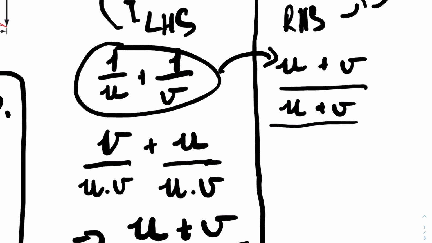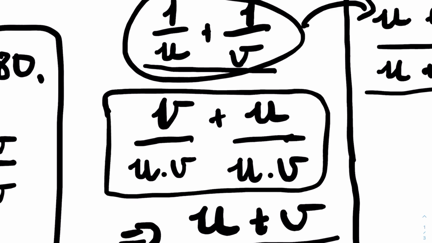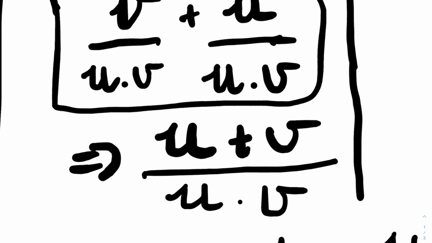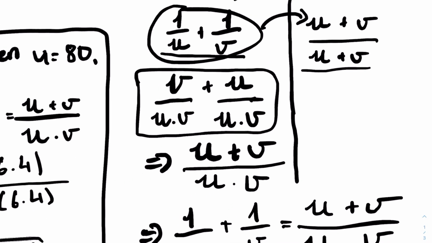We want to turn 1 over u plus 1 over v into (u plus v) over (u times v). It's simple. We just need to reduce these fractions to a common denominator. This is the step to the common denominator, and boom, we have proven the problem.